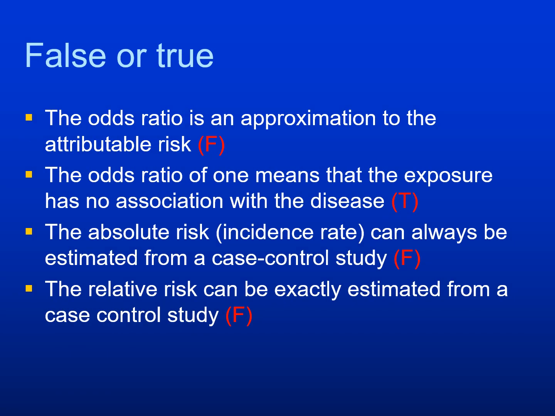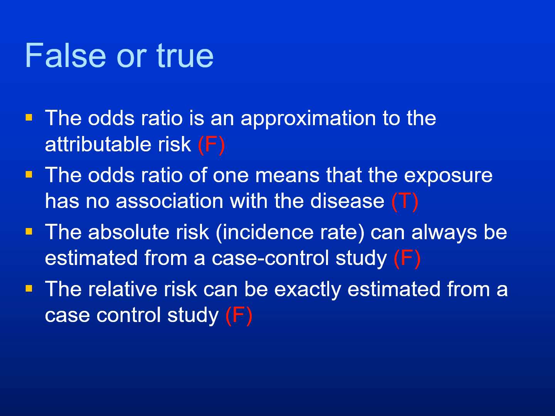The odds ratio is an approximation to the attributable risk. This is wrong, because it is an approximation to the relative risk. The odds ratio of 1 means that the exposure has no association with the disease. This is true. The absolute risk or incidence rate can always be estimated from a case control study.